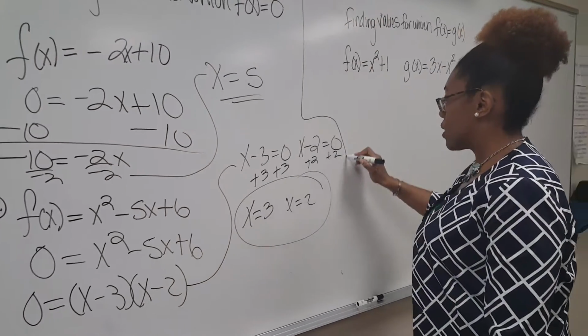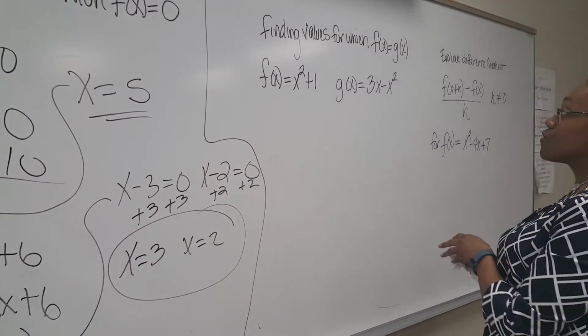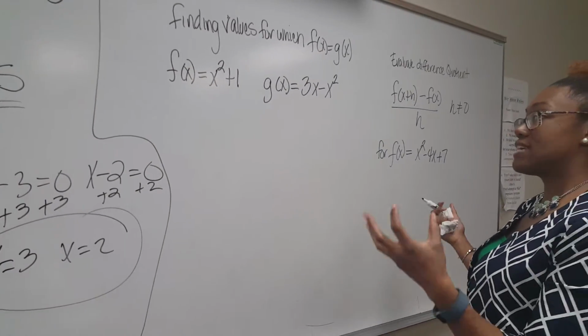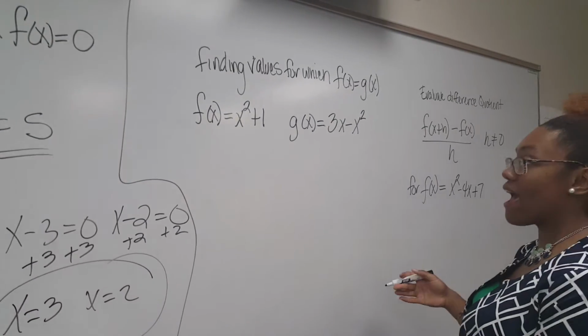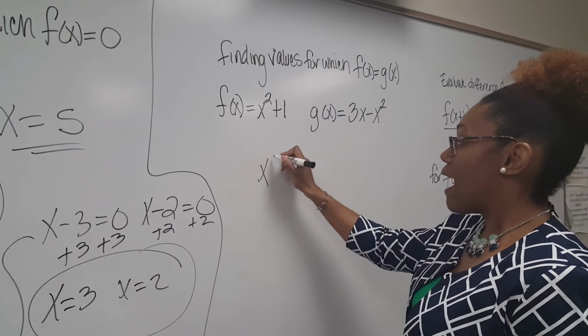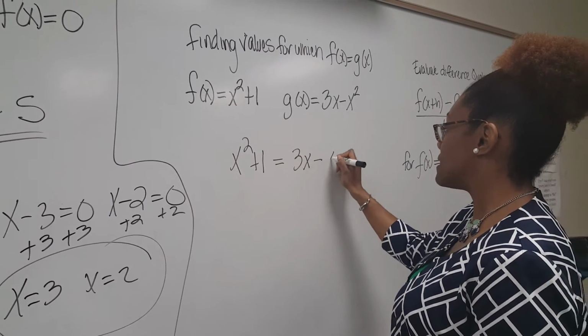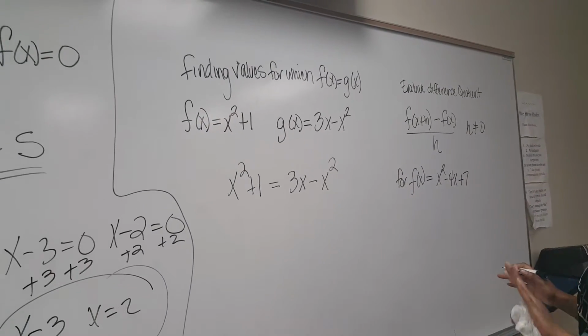So also a good example of things to do with our functions is finding values for which f of x will equal g of x. That means we're going to set both of these functions equal to each other and then solve for x. So I have x squared plus 1 equals 3x minus x squared. Well, now I need to get everything onto one side.